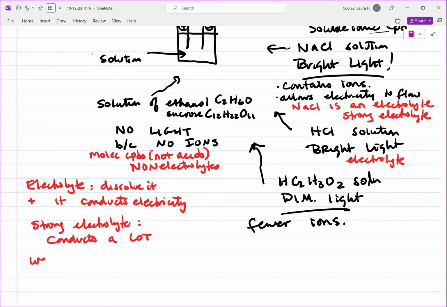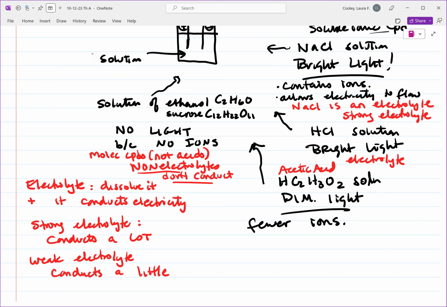And then we have weak electrolytes. Conducts only a little. And then, of course, we have non-electrolytes, which do not conduct. Okay, so this acetic acid here is a weak electrolyte.